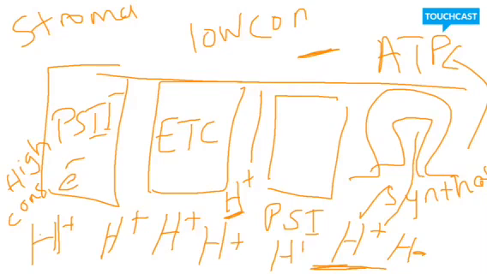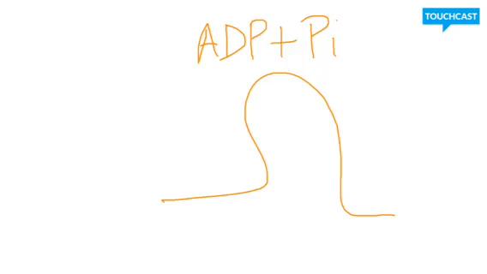When the hydrogens start to leave through the ATP synthase, at that moment, ATP synthase is making ATP. How? Remember, ATP is made up from adenosine diphosphate, which means 2 phosphates, and you add 1 high energy phosphate to make ATP. This is what ATP synthase does.